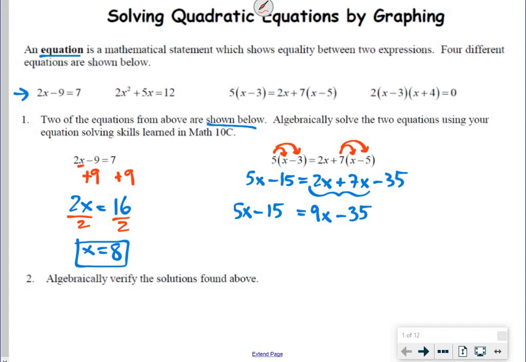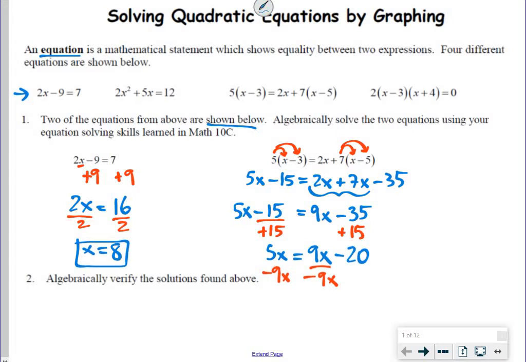Okay, I think I might bring all the x's to the left side, so I'll need to get rid of this number. So add 15 to both sides, giving me 5x equals 9x, and negative 35 plus 15 is negative 20. Now I need to bring the 9x over to the left side, so I need to subtract 9x from both sides.